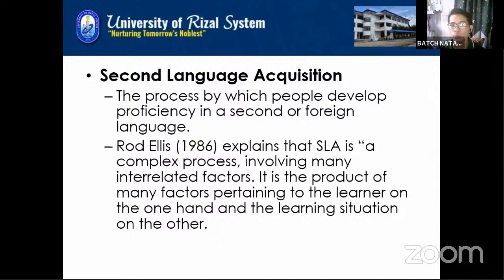This is the process by which people develop proficiency in a second or foreign language. According to Ellis, SLA is a complex process involving many interrelated factors. It is the product of many factors pertaining to the learner on the one hand and the learning situation on the other hand. So that is why in this lecture, we'll be focusing on what these factors are as far as language acquisition is concerned.